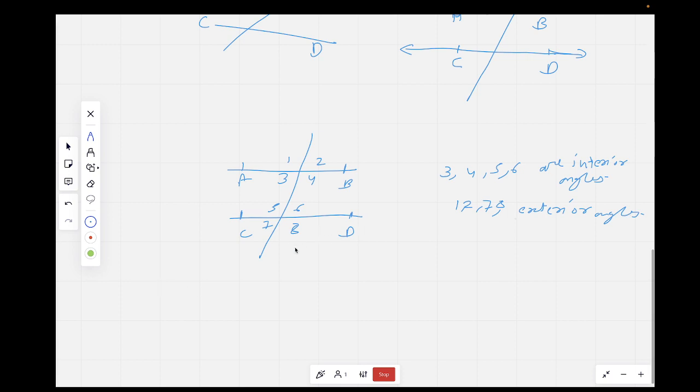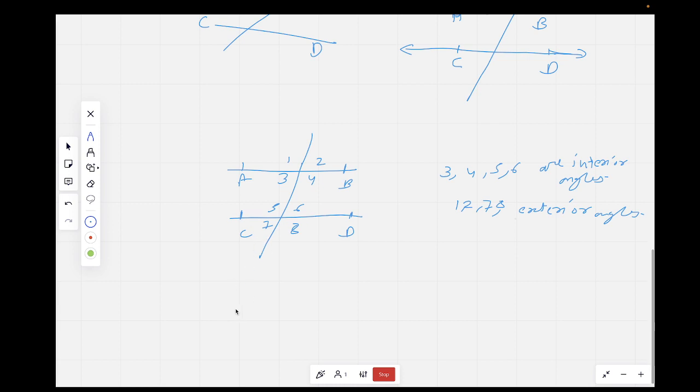There are different properties here which can be proved, or derived, you can say. There is a theorem that the corresponding angles are equal when a transversal is drawn to two parallel lines.